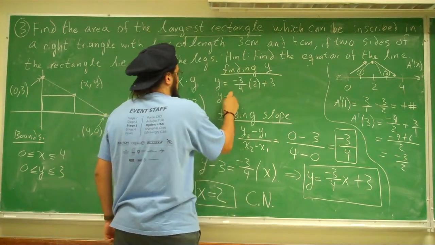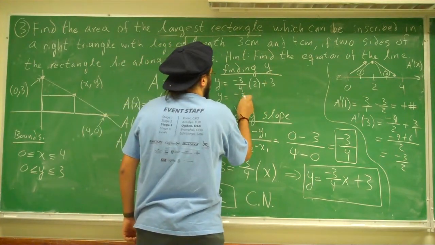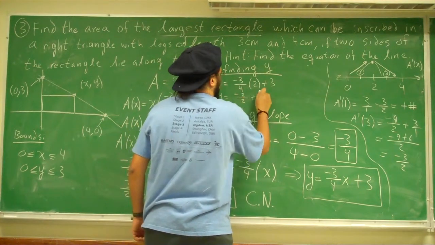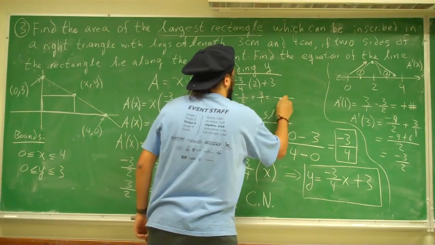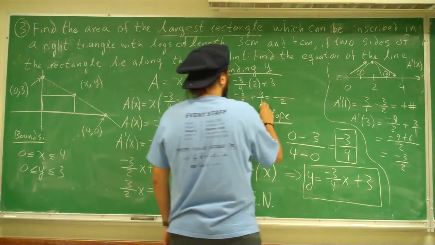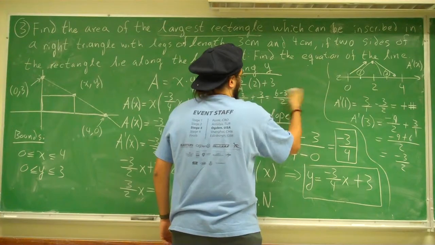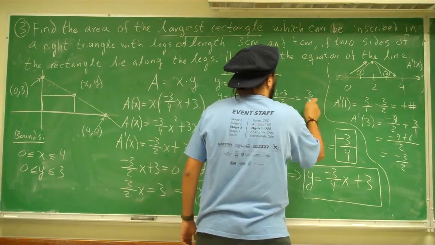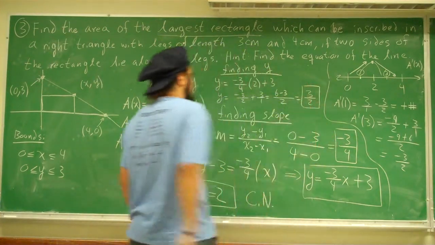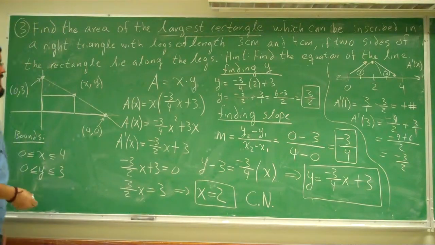So y is equal to negative 3 halves plus 3 over 1. And that's going to be, let's see, 6 minus 3 over 2, so that's going to be 3 halves. Alright, so y will be 3 halves.